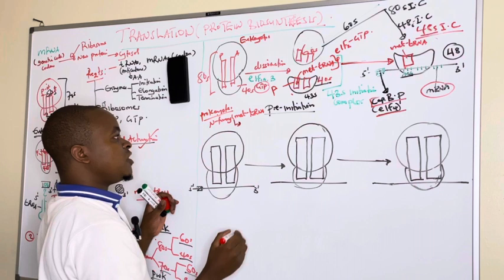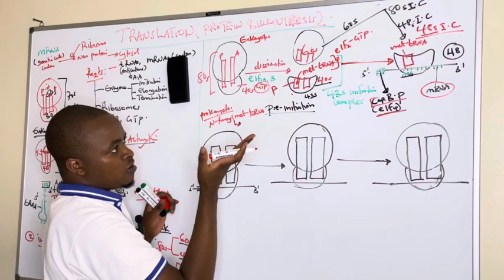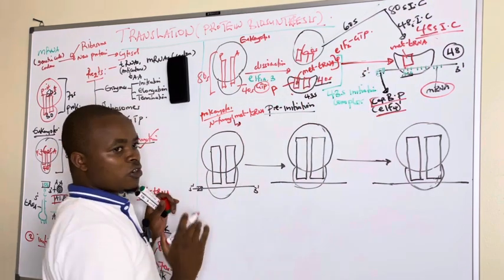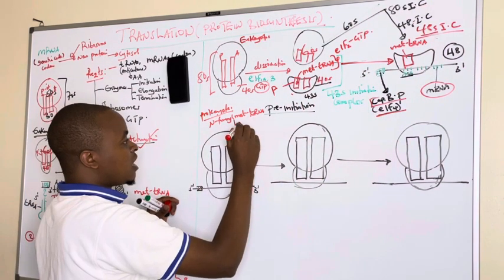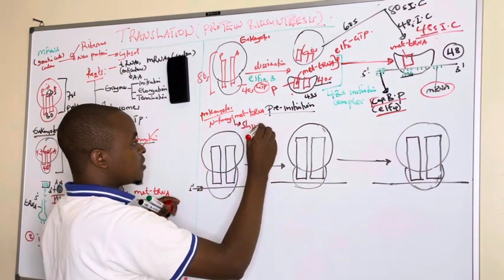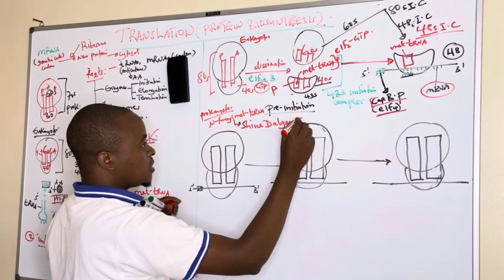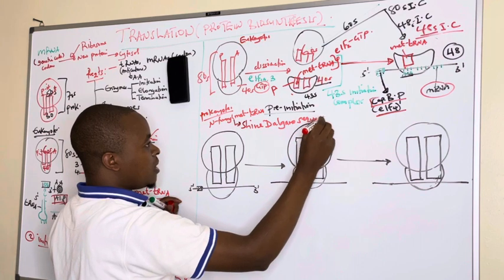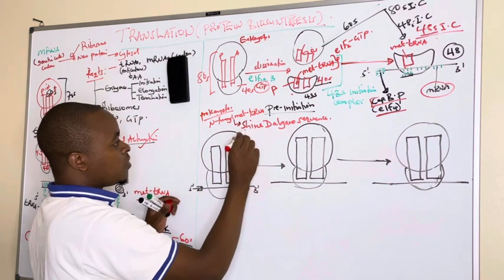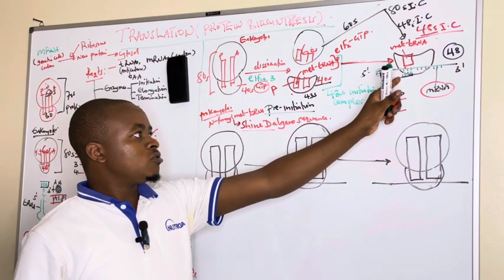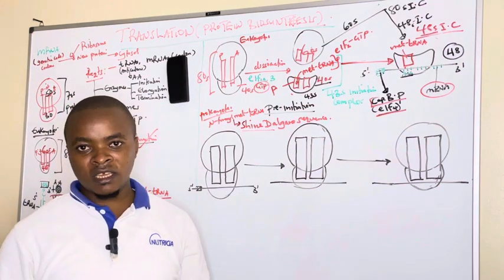The element for the transfer RNA to detect the start codon is what we call the Shine-Dalgarno sequence. It is a sequence of bases that enables the transfer RNA in the P site to recognize the start codon, which is AUG.